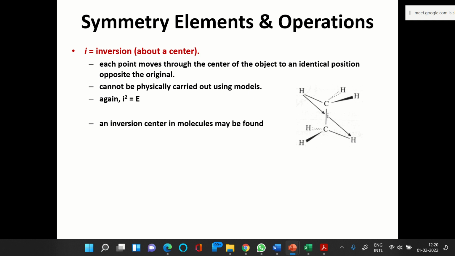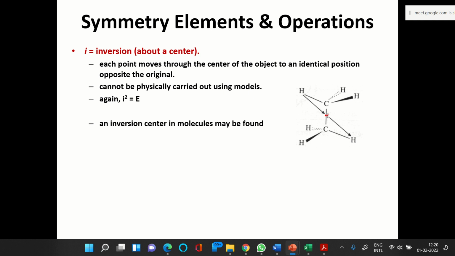The staggered conformation has a point which is an inversion center, because this arrow shows that if this is the point, you put it through.